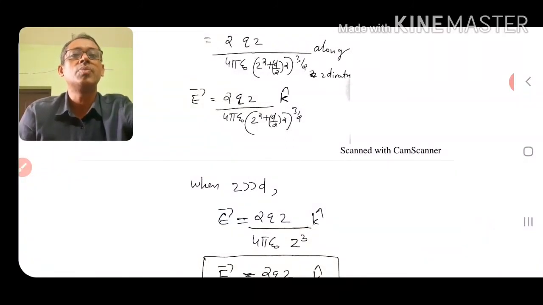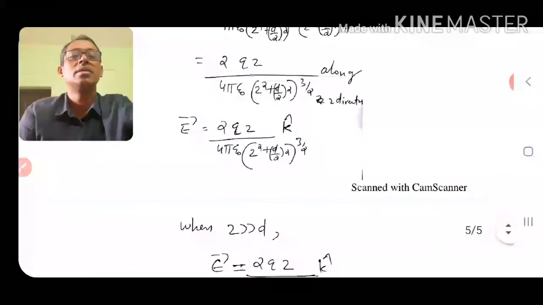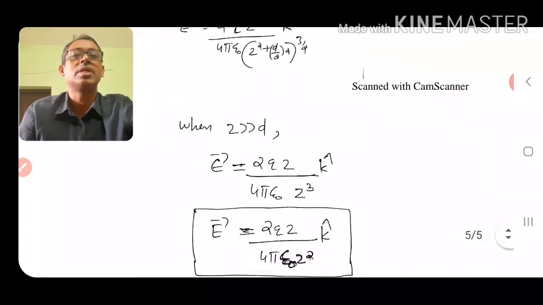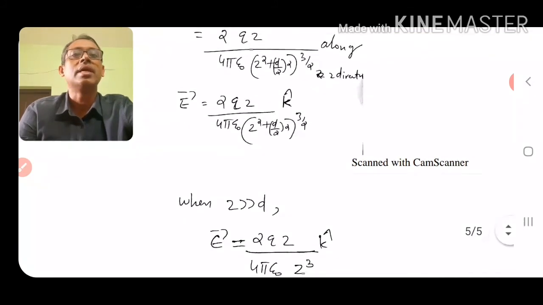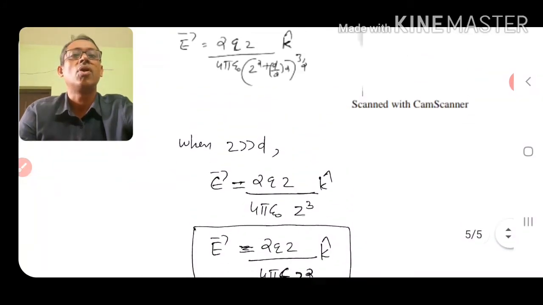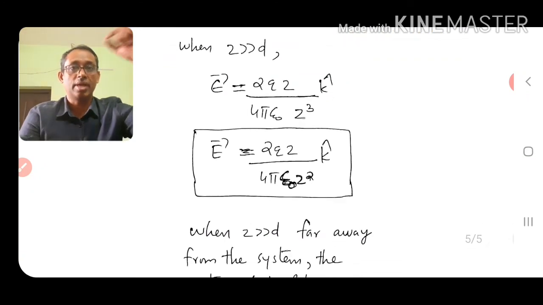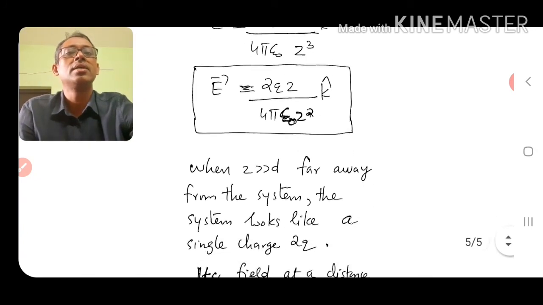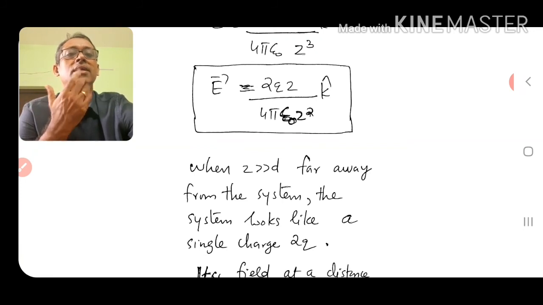Now, if z is much greater than d, we neglect d by 2 compared with z. So we will get 2qz over 4 pi epsilon 0 z cube, k, the unit vector along the z direction.